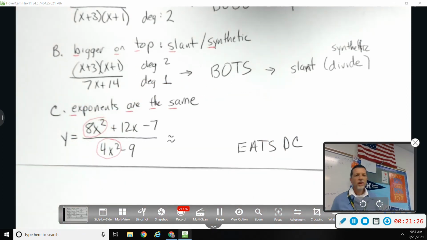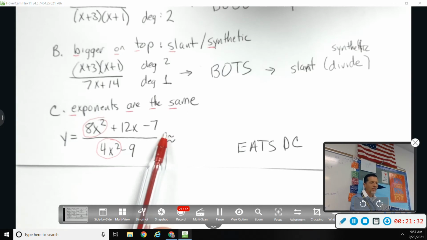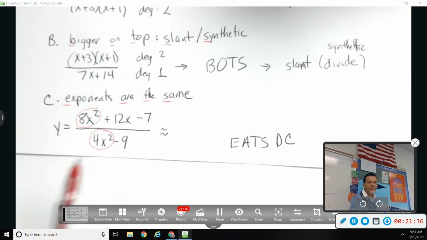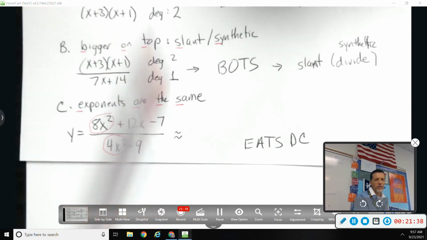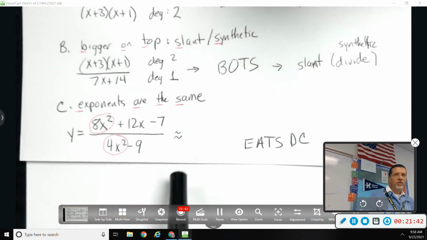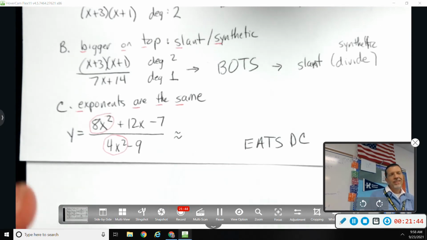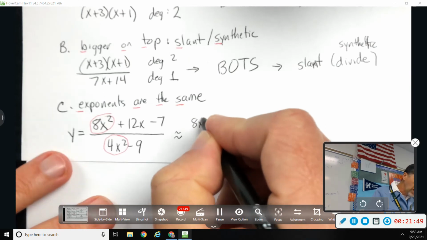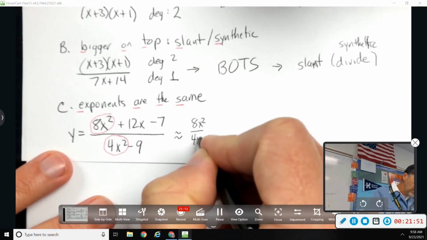If x is a million, then who cares about 12 million minus 7? And really, who cares about 9? If we're doing 8 times a million squared, the lead terms are really the only ones that matter. So this sort of equals, at least when x is really big, 8x squared over 4x squared.